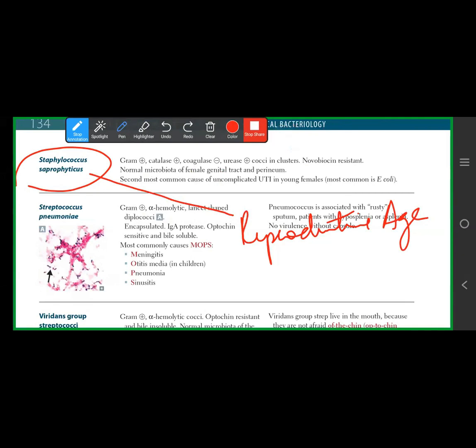But in a reproductive age woman who is sexually active, you have to think about Staphylococcus saprophyticus. I will give you a case scenario as an example so that you understand. Let's say we have a 22-year-old woman.